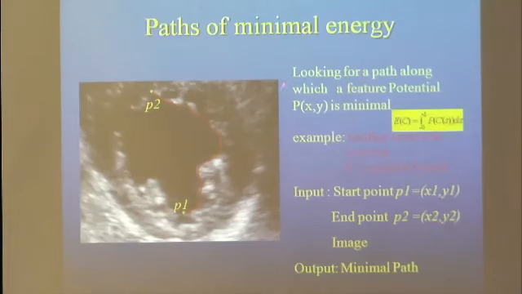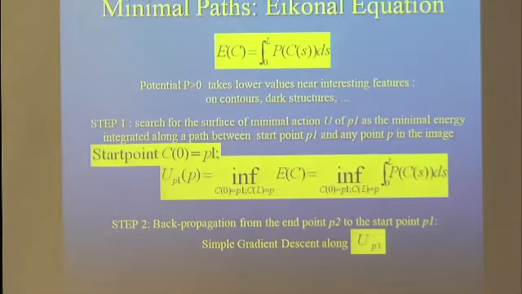So here, instead of looking for a path between P1 and P2, you're looking for a path between P1 and every point in the image. The reason for that is that U_P1, as defined, can be looked at as a weighted distance according to the metric P. And so U_P1 satisfies an eikonal equation that you can solve efficiently.